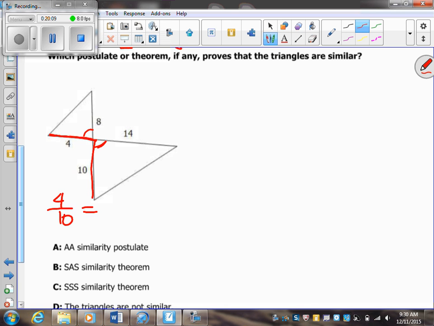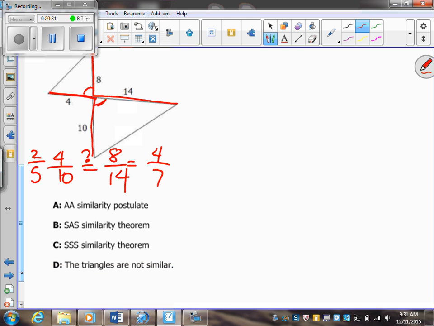Is it equal to 8 over 14? Simplify it: by 2 is 2, by 2 is 5, so this can be a scale factor of 2 over 5. Here by 2 is 4, by 2 is 7. 4 over 7 and 2 over 5 are not proportional, I'm sorry. That means these triangles are not similar, is what I'm going to pick.